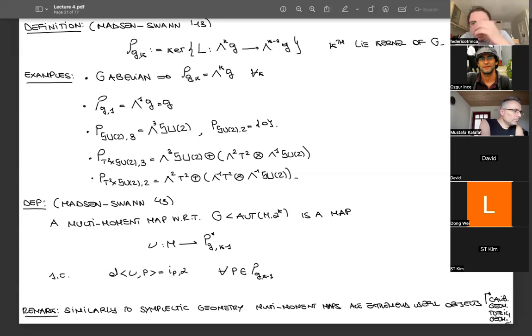And similarly to symplectic geometry, multi-moment maps were extremely useful and studied, for instance, for toric G2 manifolds and toric Spin(7) manifolds.